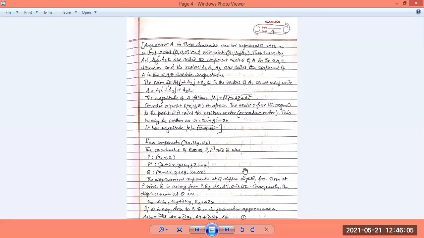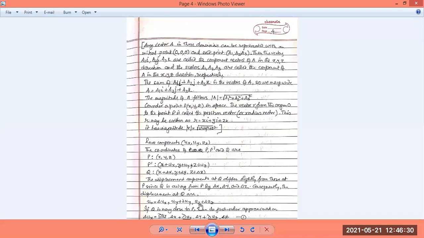Now we know that due to deformation, the original point Q is also displaced, and the displacement components of Q differ from those of P, since Q is away from P by delta x, delta y, and delta z.